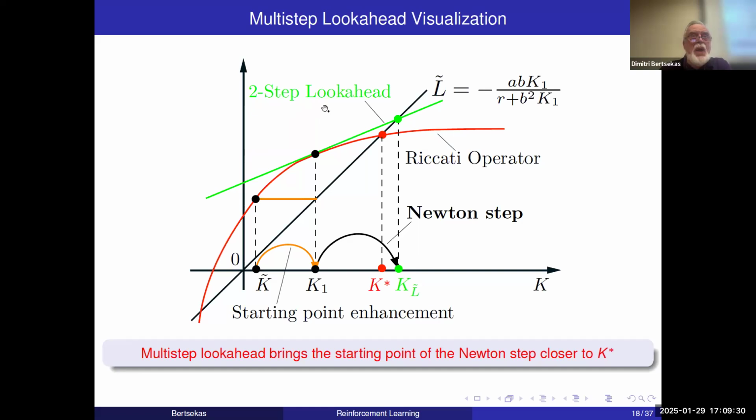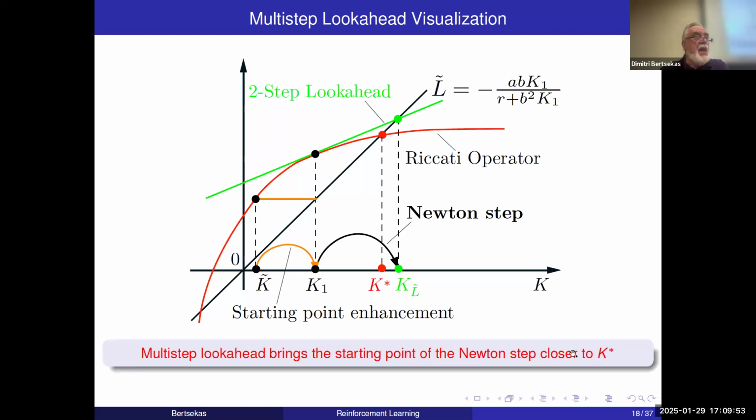If I had 10-step look ahead, then this picture would be 9 of these little value iterations and then a Newton step. And these 9 iterations help you to enhance the starting point for the Newton step, bring it closer to K star, and therefore have a better chance for convergence, superlinear convergence.